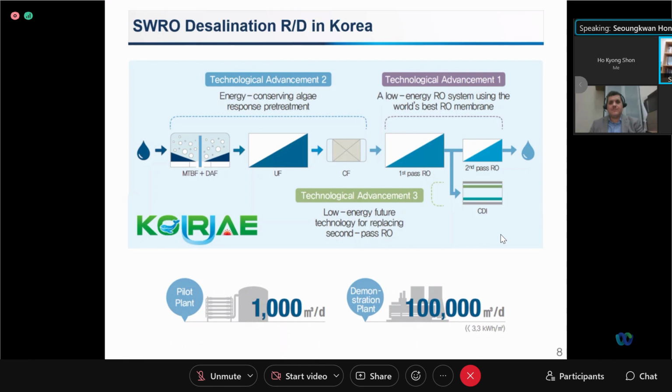So we are working really hard for this goal of the R&D project, and this research group is known as KORE, as shown in this diagram here.